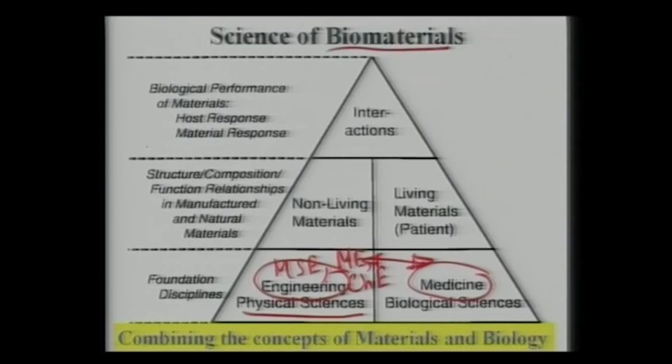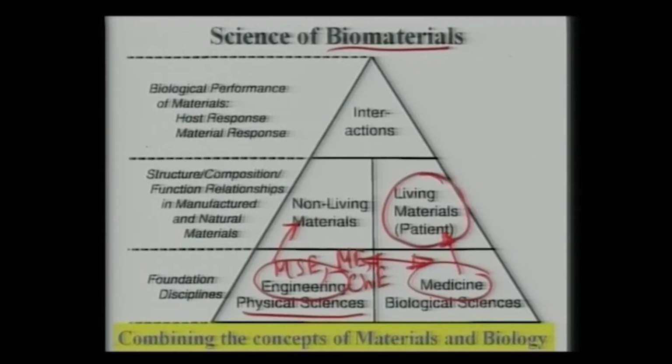Now once this collaboration is developed, the material science people will be developing non-living materials, meaning synthetic materials like metals, ceramics, polymers. And the medicine people have a good understanding of how different materials can take part in the wound healing process or in the health care of living materials. Living materials means patients.